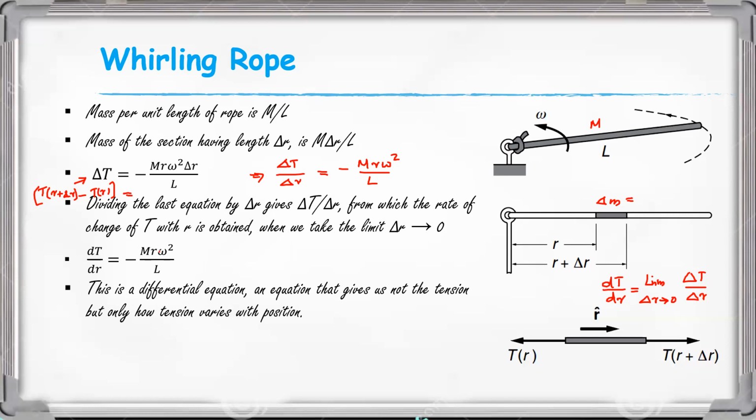It gives the variation of tension with the position. It does not give us the tension. It only gives the variation of tension with the distance r.